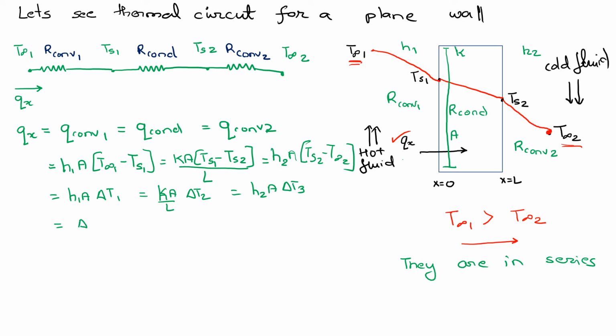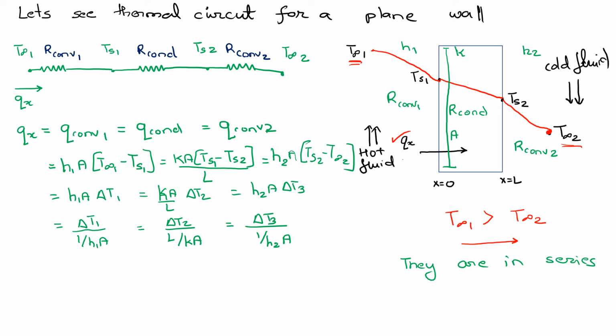So I'll write this down as delta T1 divided by 1 upon H1A, delta T2 divided by L by KA, and delta T3 divided by 1 by H2A.